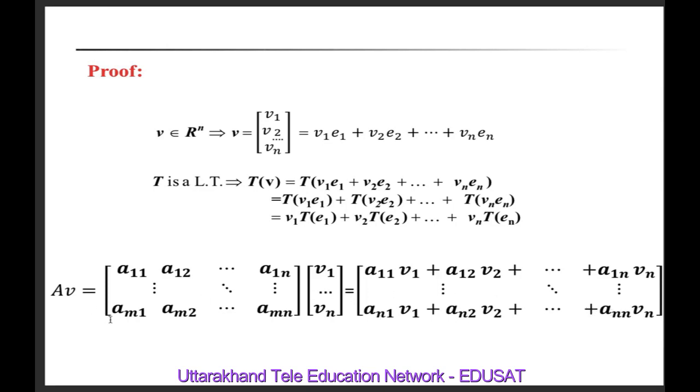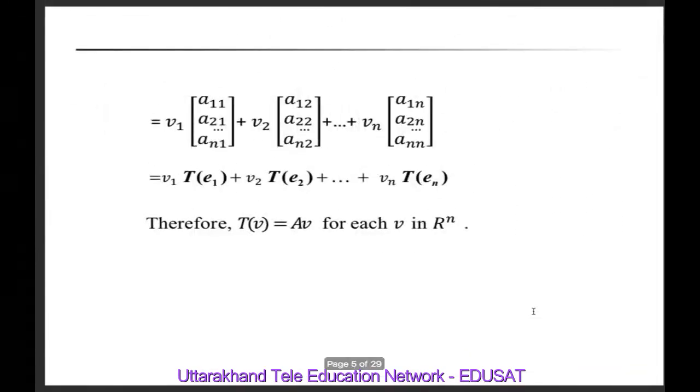So this will be AM1 into V1, AM2 into V2, plus ... plus AMN into Vn. So this is equal to V1 (A11, A21, ..., AM1) plus V2 (A12, A22, ..., AM2) plus ... plus Vn (A1n, A2n, ..., AMN).